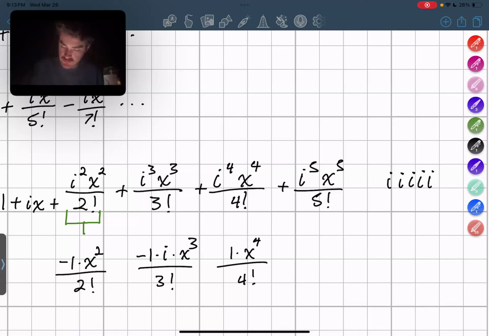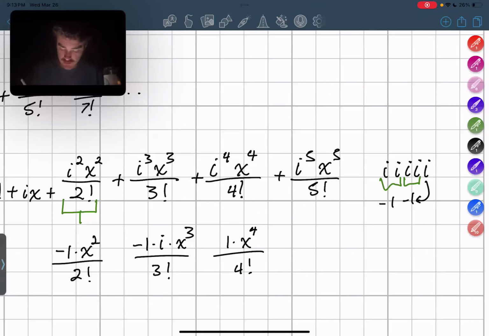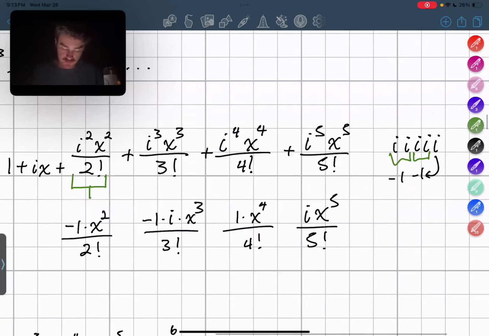We group all these i squareds up, so that's -1, -1, and then we pop an i on. So we get -1 times -1, which is +1, times i times x to the 5th. So it's going to be i x to the 5th over 5 factorial.